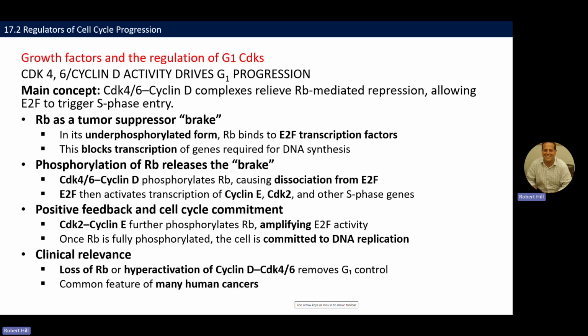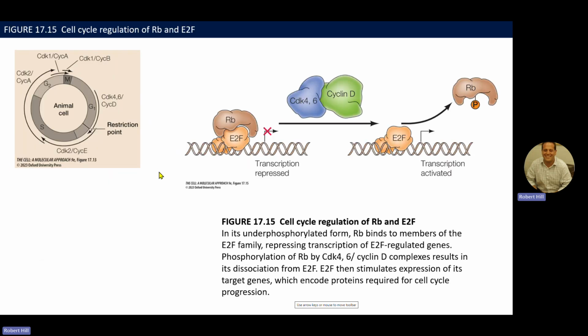Stimulating cyclin E and CDK2, you can see, is getting the next transition done, G1 to S. Okay. So, loss of RB or overactivation of CDK4/6 cyclin D removes the restraint, right? And that is a hallmark of many cancers.